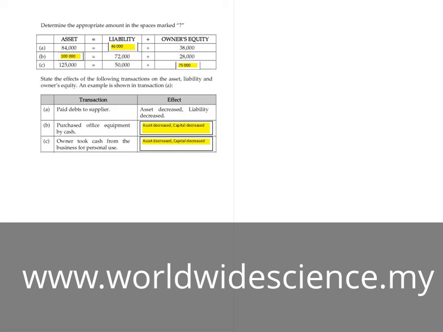Here assets will decrease because the owner had taken the cash from the organization. And capital also will be decreased because he has taken the cash which is invested in the company.